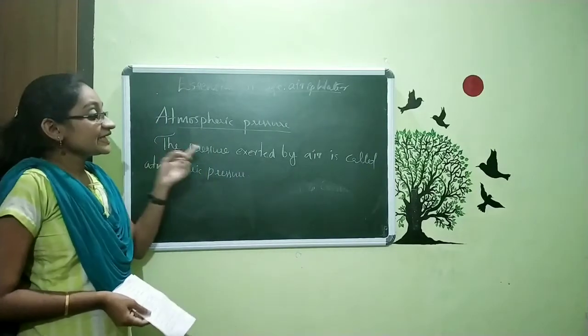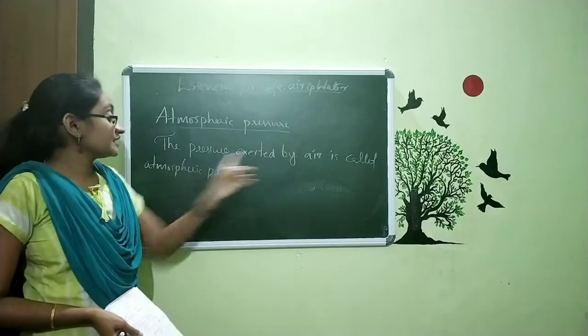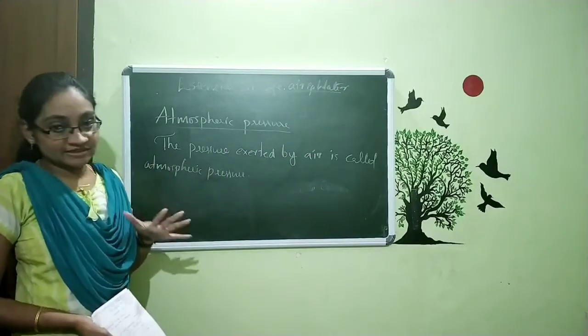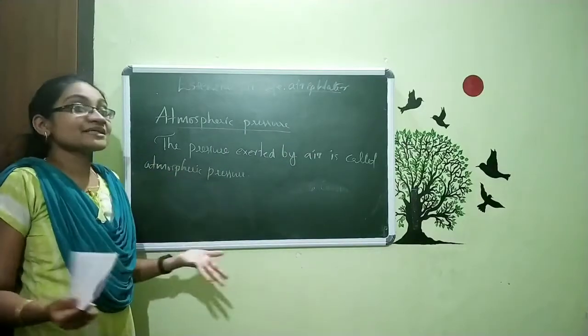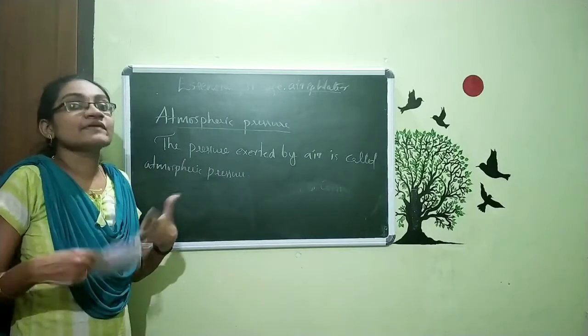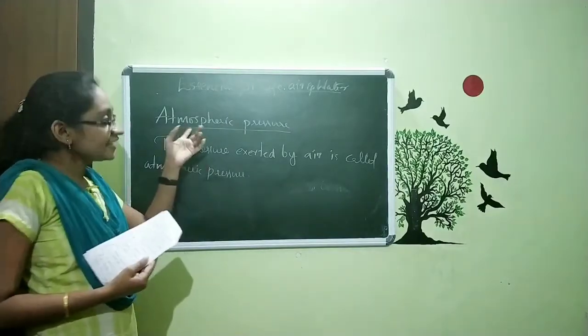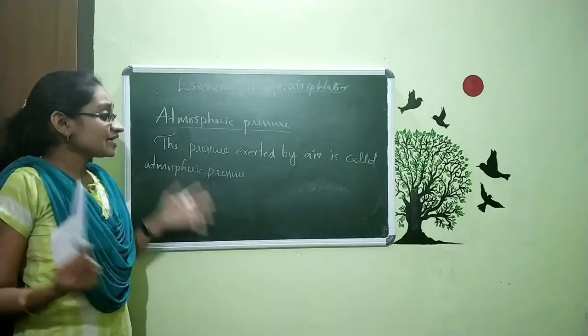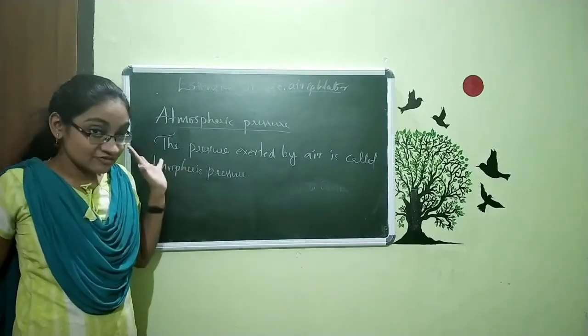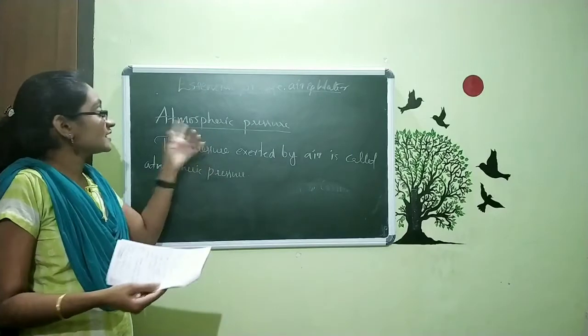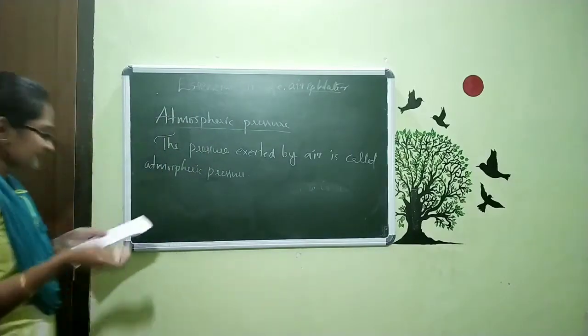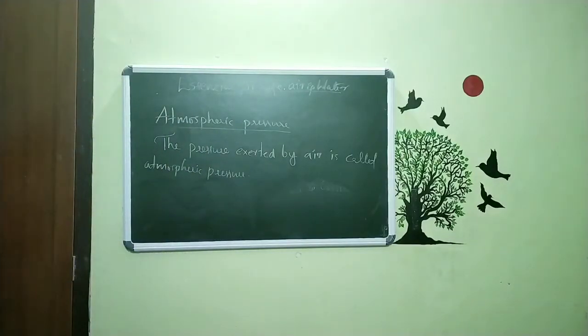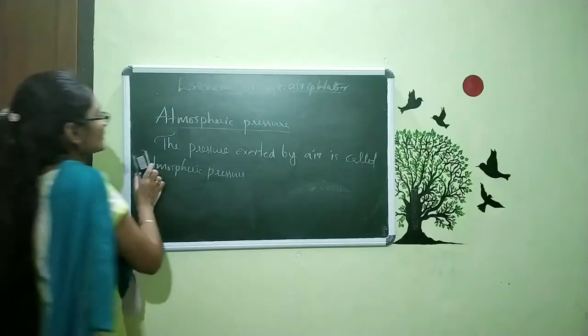So the thing is very simple. The pressure exerted by air is called what? Atmospheric pressure. That means the pressure exerted by air has a particular name, and that is atmospheric pressure. We know the atmosphere has air and all, and this air is giving pressure, and that pressure is atmospheric pressure. Very simple. Just remember this definition. And what is the importance of atmospheric pressure?